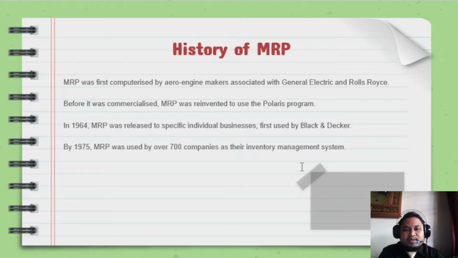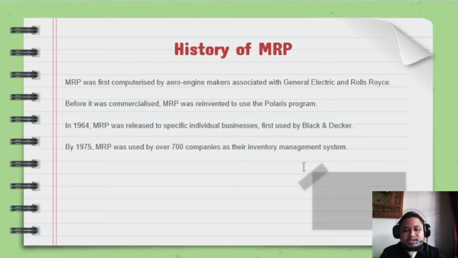And by 1975, MRP was used by over 700 companies as their inventory management systems. And by 1983, MRP was further developed into MRP2, which includes more concepts in the system in order to stay relevant in the business. So now I will pass to my fellow friends for the next presentations.